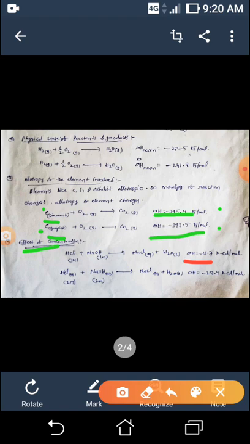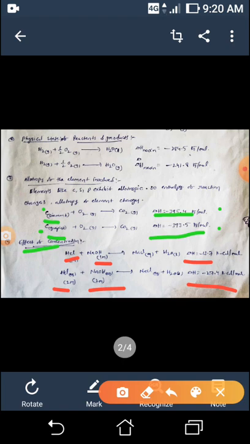If the concentrations of acid and base are doubled, that is, 2 molarity of acid and 2 molarity of base are reacted, where initially it was 1 molarity and 1 molarity with energy released of minus 13.7, the amount of energy released is also twice.